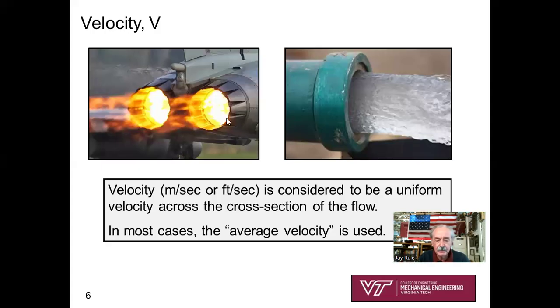So at the surface of the control volumes, there's a no slip condition, zero velocity. Just agree that in thermo class, we say that we have determined, by hook or crook, a uniform constant velocity across the cross section. So in most cases, we use what we call the average velocity of the exit flows or entrance flows to open systems. Recognize that V in this class would be considered the average flow velocity through the pipe or the duct.